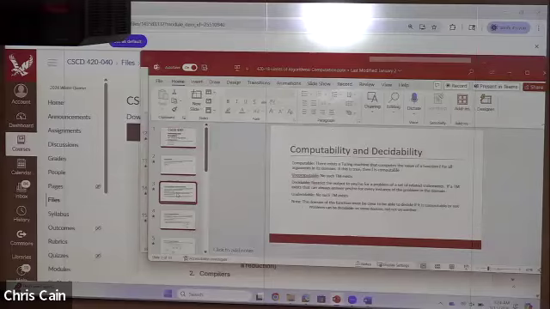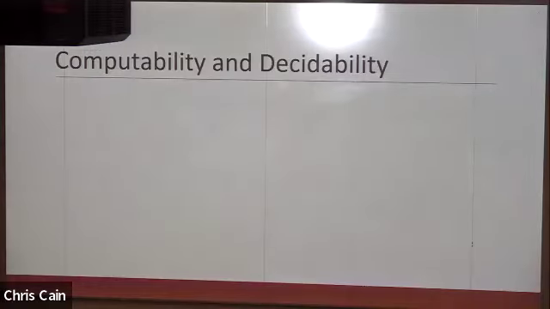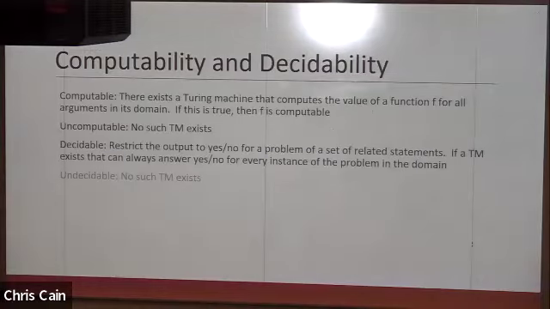All right, based on what's here, without using this wording, maybe this can help ground you. What was the difference between computability and decidability?